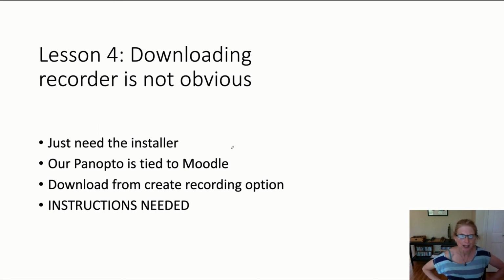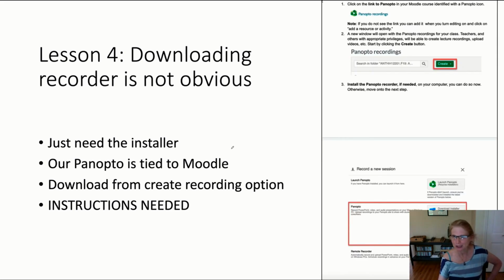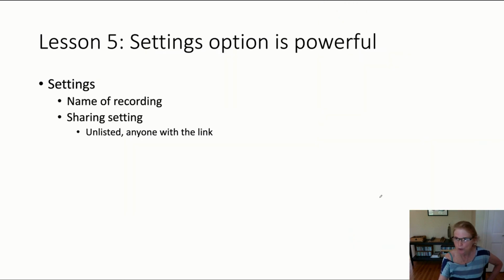So lesson 4. For those who want to record anywhere, they need to download the recorder to their own computers, and doing so is not really obvious. So we wrote up these instructions, but just to show you, since our recorder is tied to our learning management system, Moodle, you first had to put the link in your Moodle course, then you had to open the link, then you click on this Create button, which is not totally obvious that you need to do that to download the recorder.